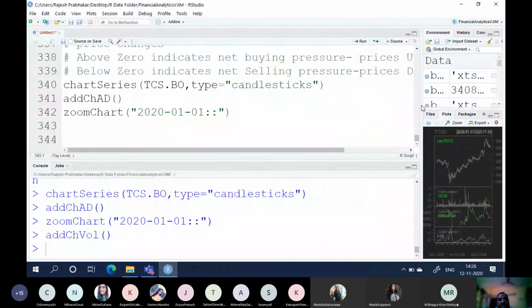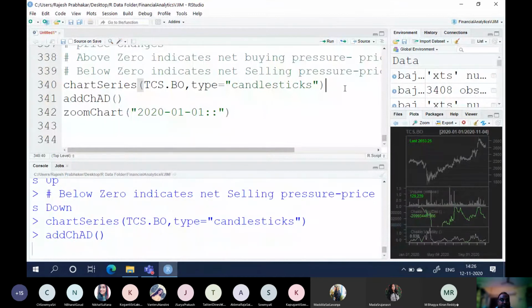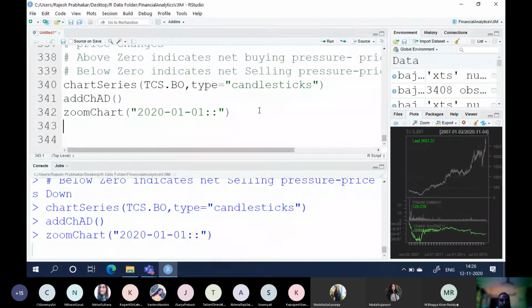So the Chaikin indicator will tell you, based on this, I think it is going towards 0. It is going below 0. So there is selling pressure in TCS.